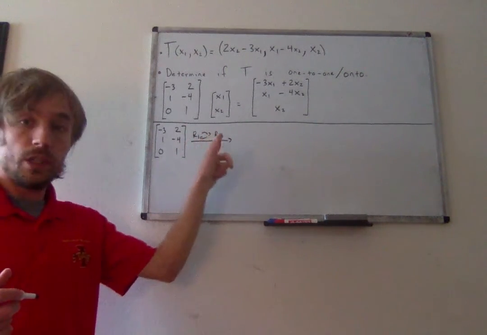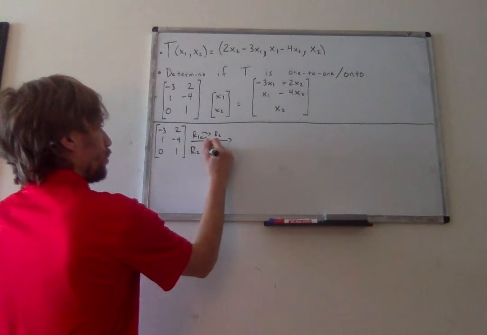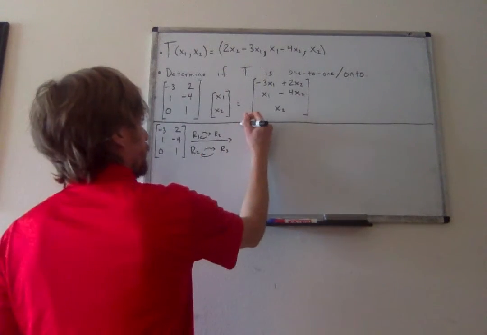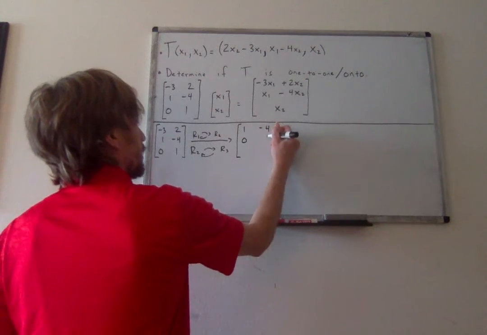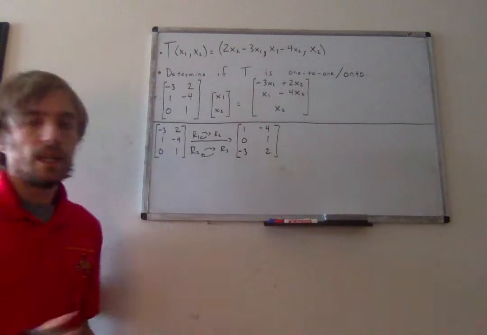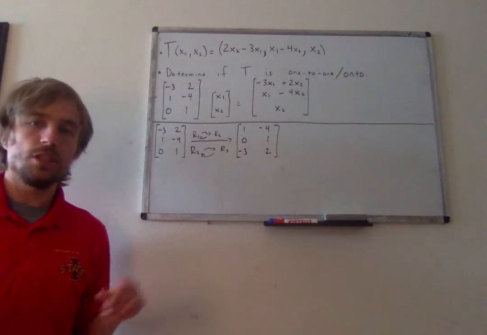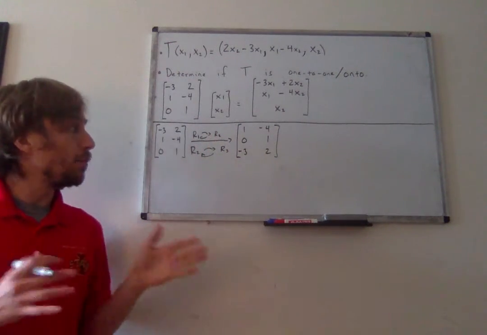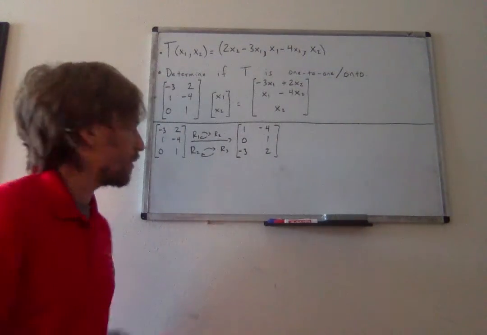So after this row swap, once this row has become row 2, I'm going to swap row 2 with row 3. All I've done is take the top row and move it all the way down. You can do this with a couple of row swaps. This puts ones in both of the spots I want ones, and now I can use those ones to clear out the rest of the matrix.